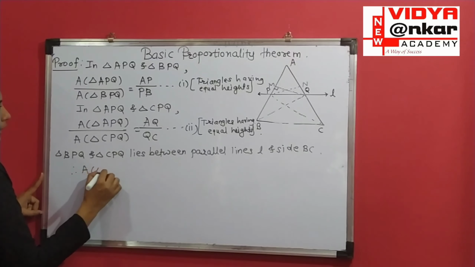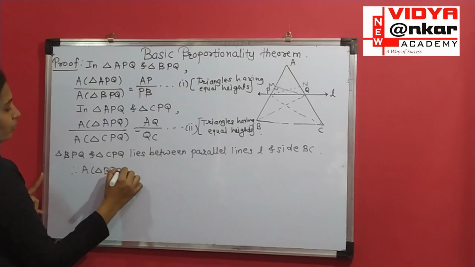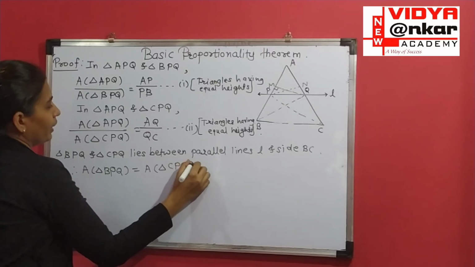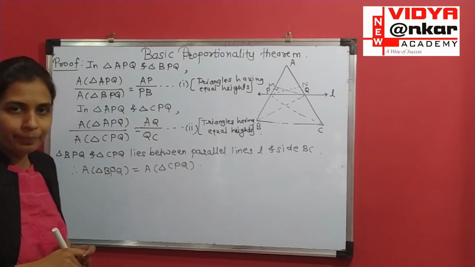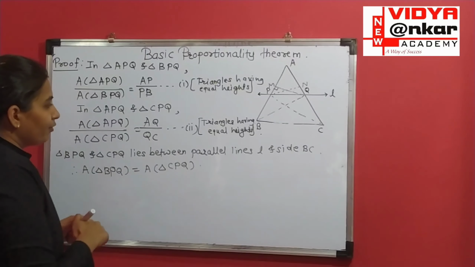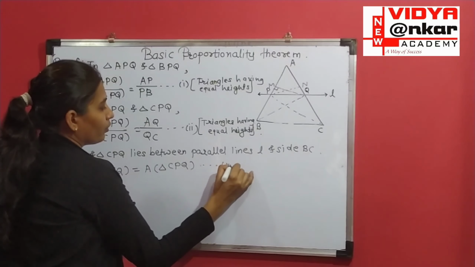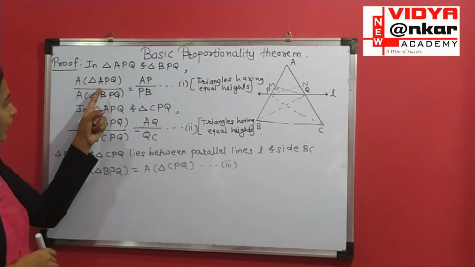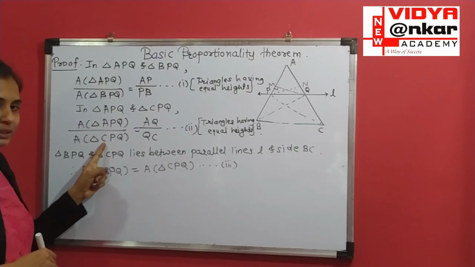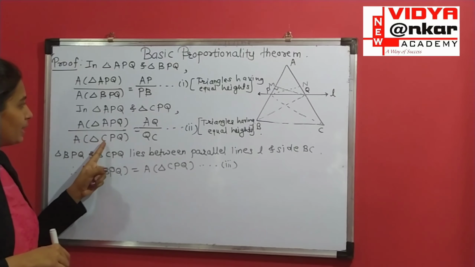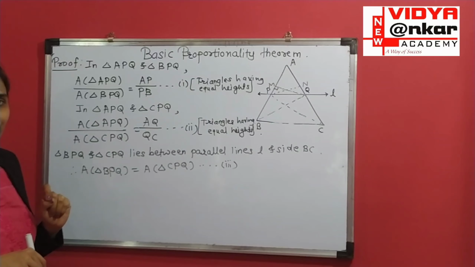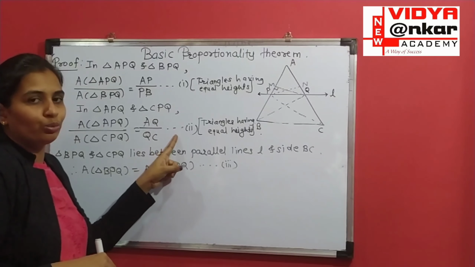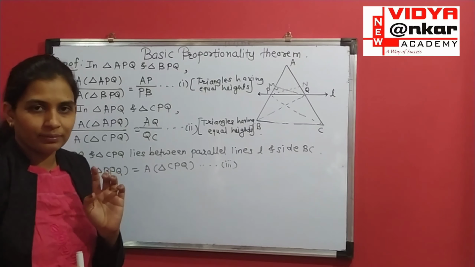Therefore, area of triangle BPQ equals area of triangle CPQ. Okay. Now students, if this is number 3, from number 3 we can get BPQ instead of CPQ or CPQ instead of BPQ. It means that number 1 and number 2 are equal things.